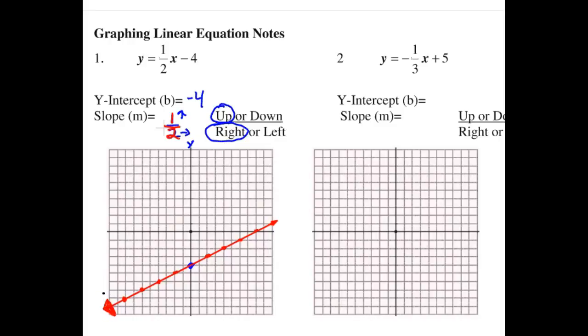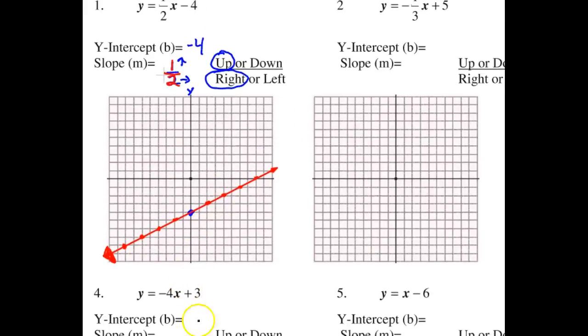It's not just the size of the graph that we have in front of us. It keeps going forever in both directions. All right. Let's just keep going. Do a few more.